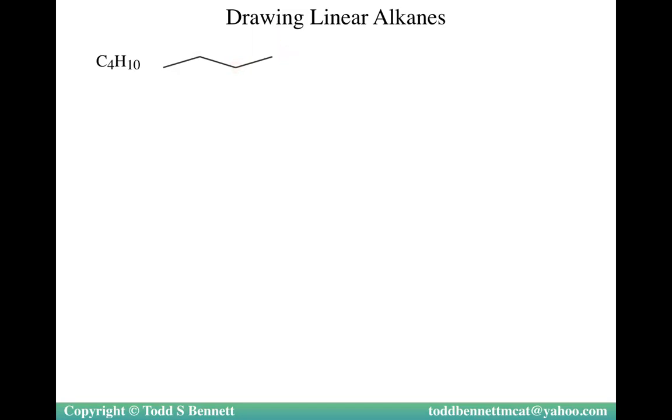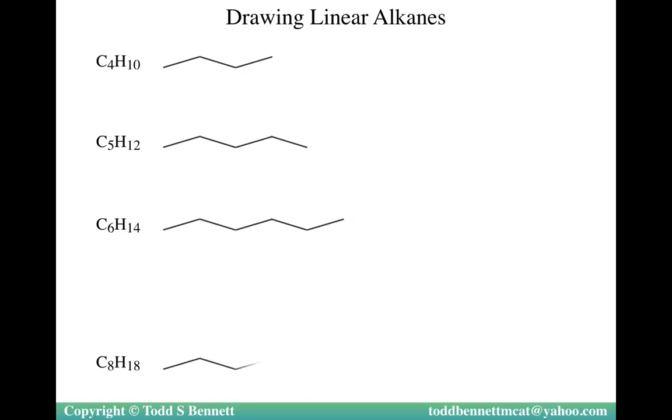Key thing, this formula isn't just for the straight chain one, but it's also going to be for ones that have branching. Well, let's just get the straight chains down pat. So 4 carbons, 1, 2, 3, 4, 5 carbons, C5H12. 6 carbons, 1, 2, 3, 4, 5, 6, check. And if I really want to, as much as 8 carbons. So 1, 2, 3, 4, 5, 6, 7, 8.